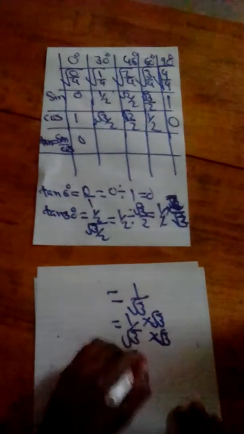And this is going to give you 1 over square root of 3. If you rationalize the denominator here, it will give you square root of 3 over 3. So this tangent here is square root of 3 over 3.